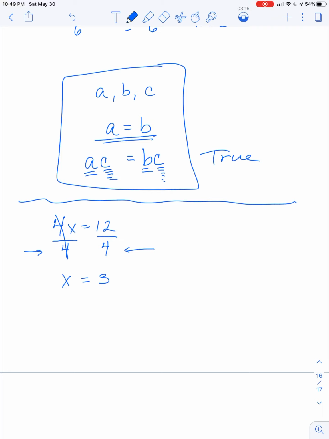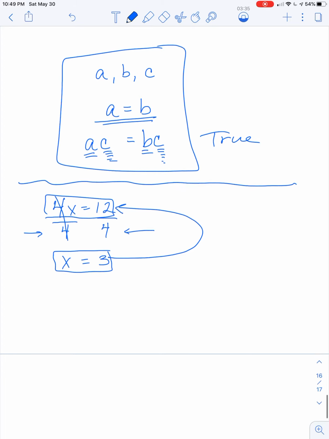Well, what does that mean? I remember saying that in the last lesson. What that means is that x equals 3 is an equivalent equation to the original equation of 4x equals 12. Okay, so in this case, 3 satisfies the equation 4x equals 12 and therefore is a solution of that equation.